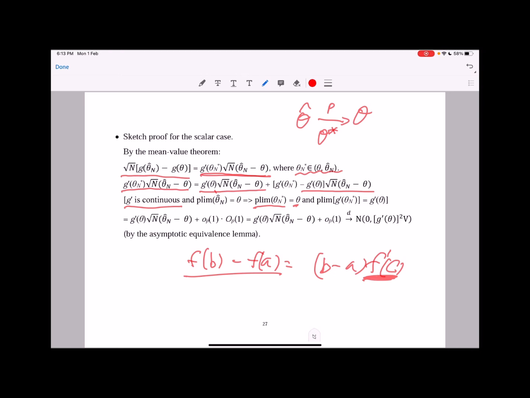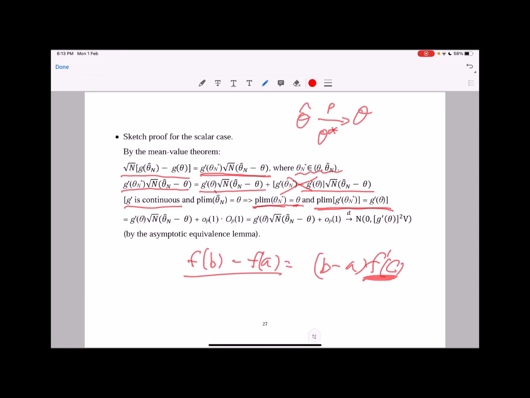So we know plim theta star is theta, and plim g prime theta star is g prime theta. By the continuous mapping theorem, we know this is true here. So that means this guy will be 0 when n goes to infinity.